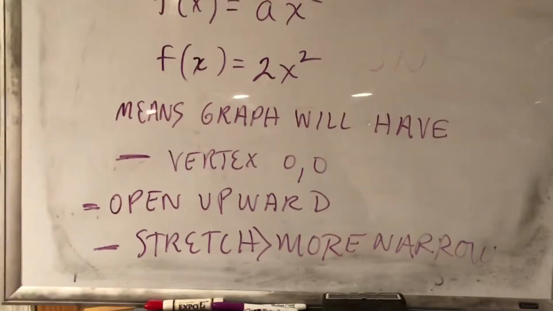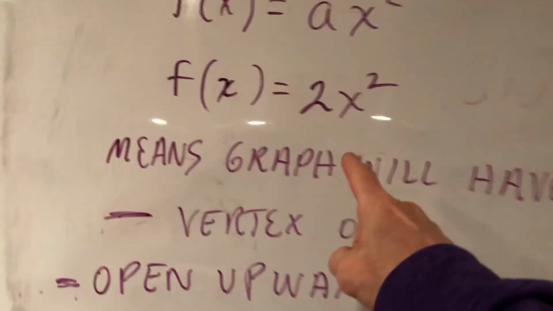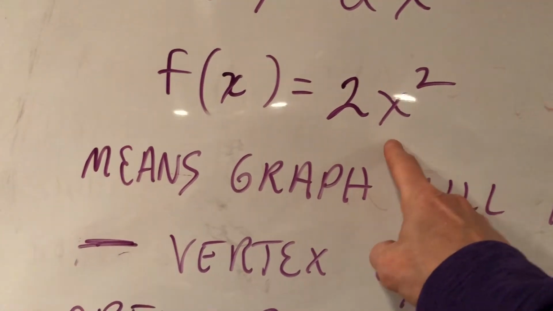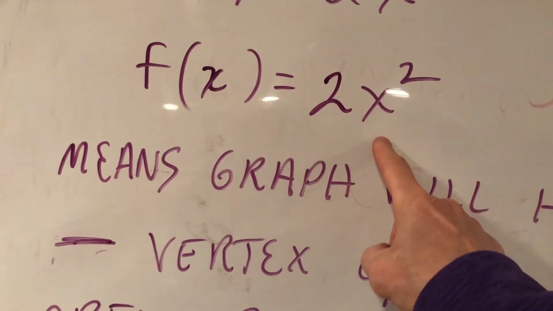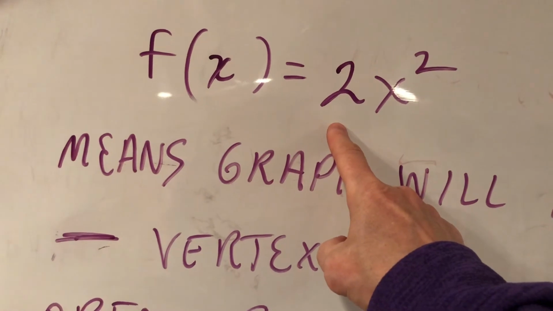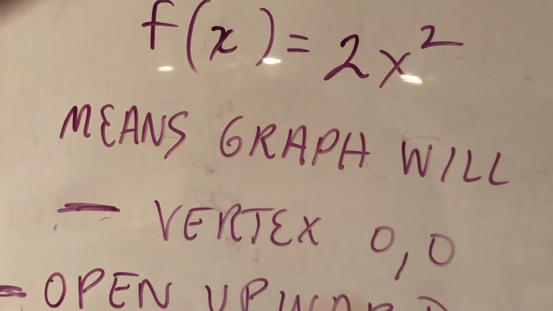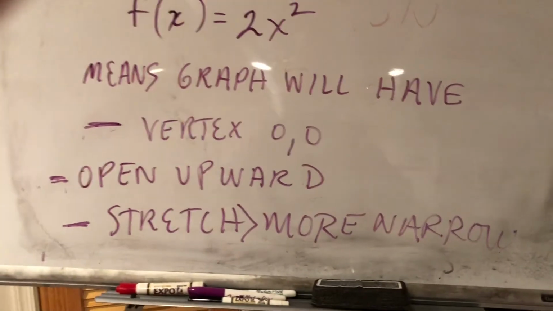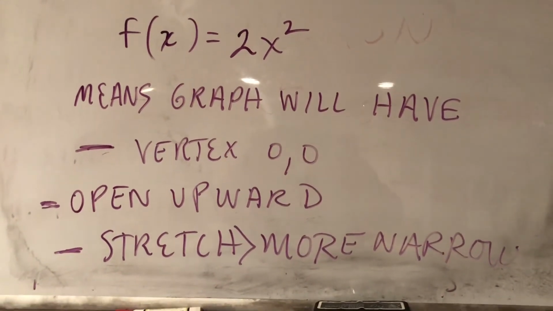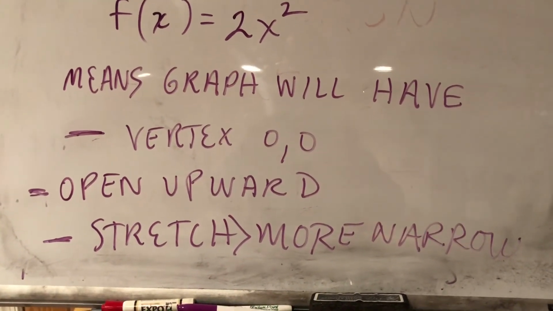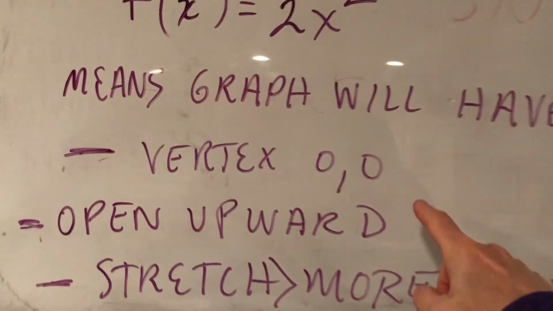How come? Well, if I picked 0 for x, 0 squared is 0. 0 times 2 is 0. Therefore, our y, or f of x, would be 0. So 0, 0 would be our vertex. That means we would have a minimum point of 0.